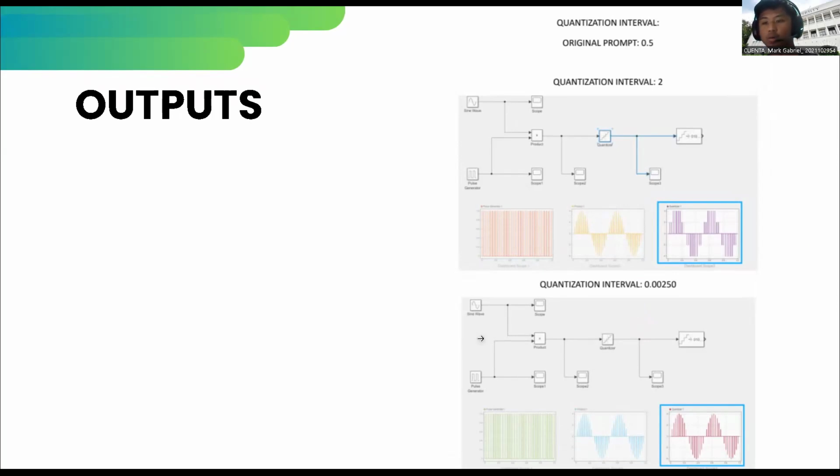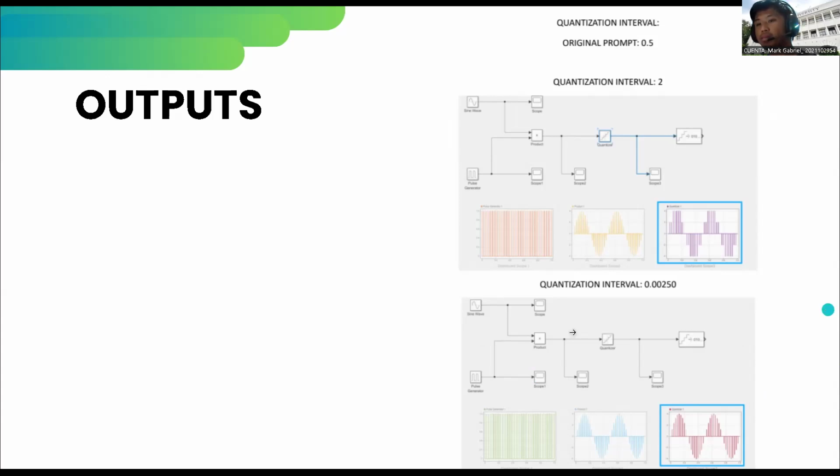While with a lower interval, in my sample of 0.00250, it produces finer steps and the signal became smoother and closer to the original signal. So in conclusion, the smaller the interval is the better. The larger the interval, the more quantization error.